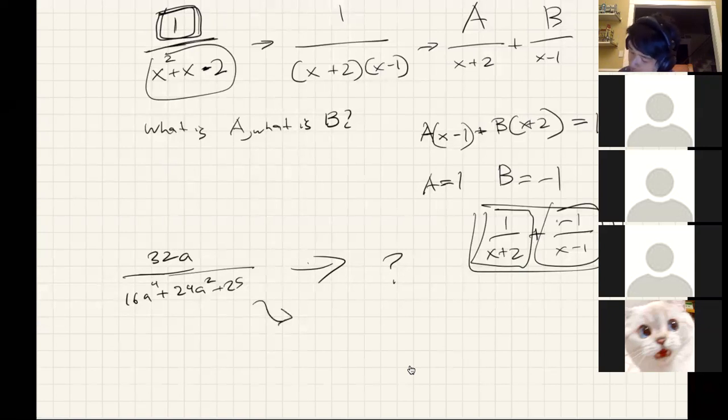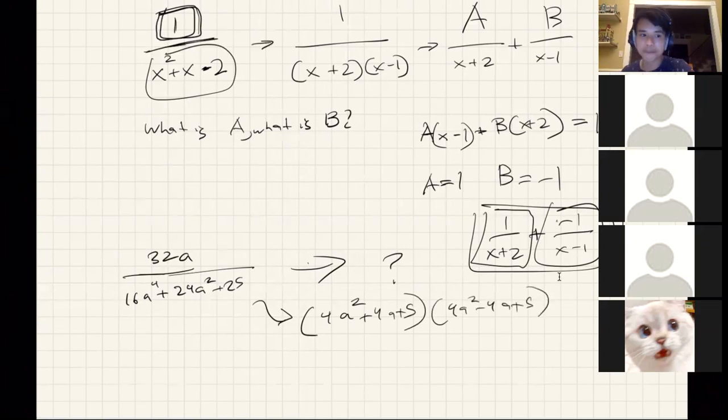So this was an example from the handout: 32a over 16a to the power of 4 plus 24a to the power of 2 plus 25. Ultimately, we were supposed to see that the denominator simplifies to 4a squared plus 4a plus 5 times 4a squared minus 4a plus 5.